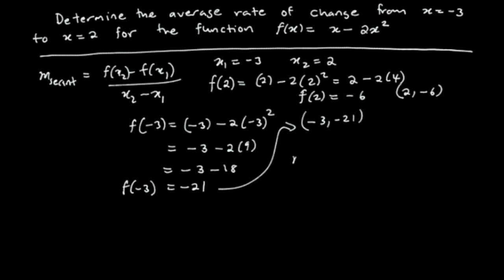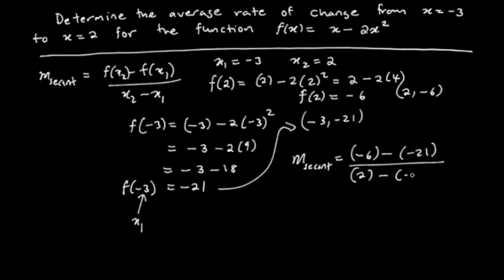I'm going to use the equation, slope of the secant, and if I look at the slope of the secant, f of x2 is basically f of 2, right? So it's -6. So you get -6 minus f of x1, which is basically -21, and this is over x2, which is 2, and x1 here is -3, right?